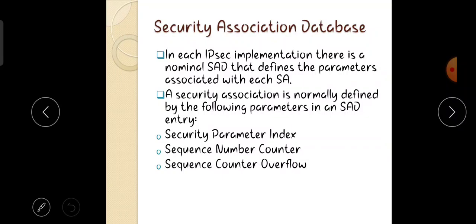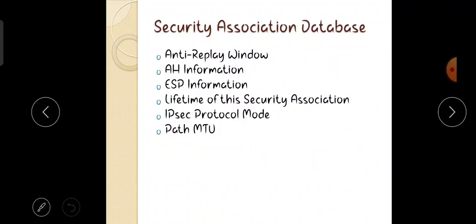The third one is the sequence counter overflow. A flag indicating whether overflow of the sequence number counter should generate an auditable event and prevent further transmission of packets on this SA. Next is the anti-replay window. It is used to determine whether an inbound AH or ESP packet is a replay.